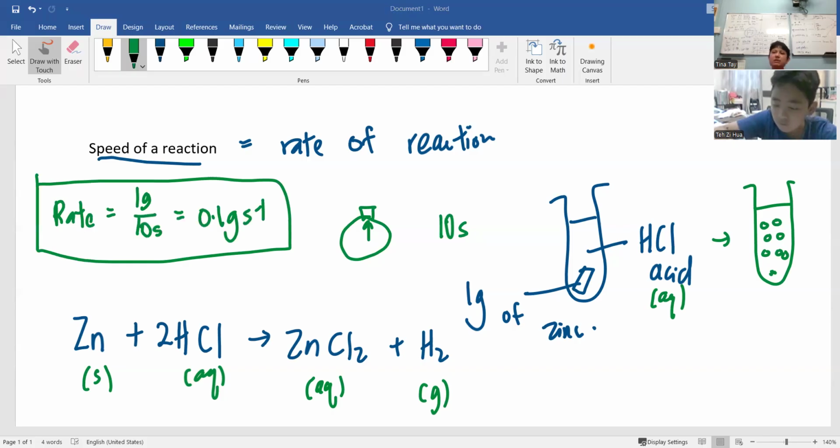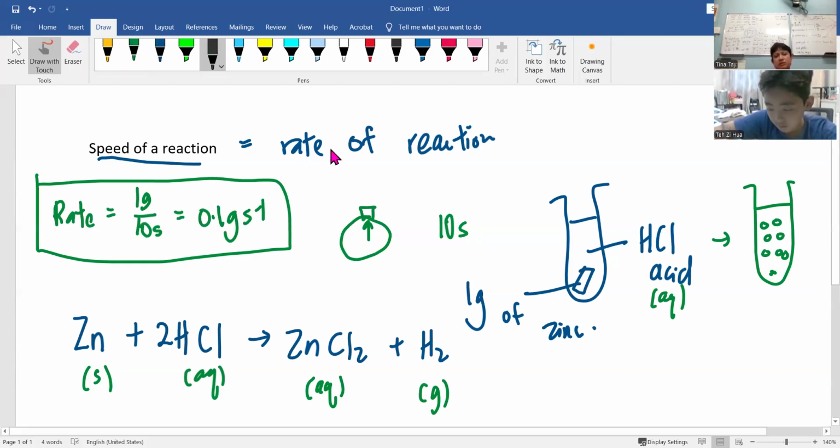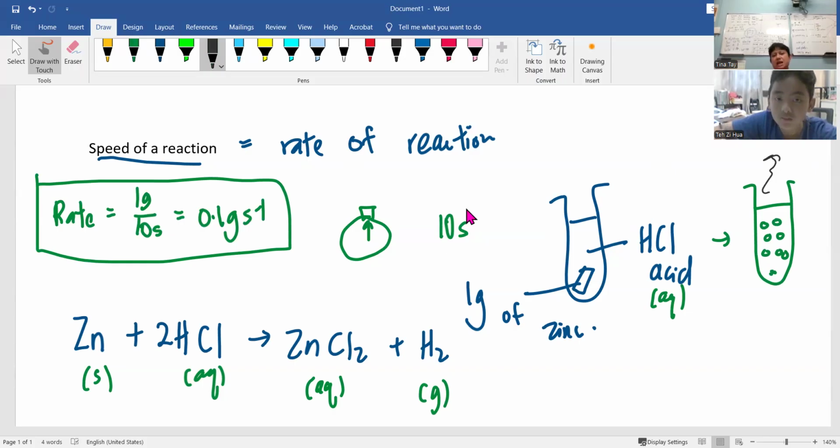All right. Now, if I don't want to measure the mass of zinc, let's say I measure the volume of hydrogen gas. In the same 10 seconds, there is 10 centimeter cube of hydrogen gas. So my rate of reaction is 1 centimeter cube per second. Yes, correct.